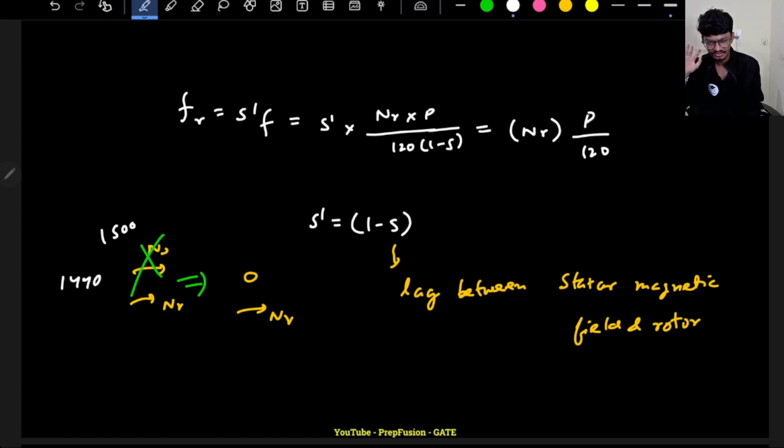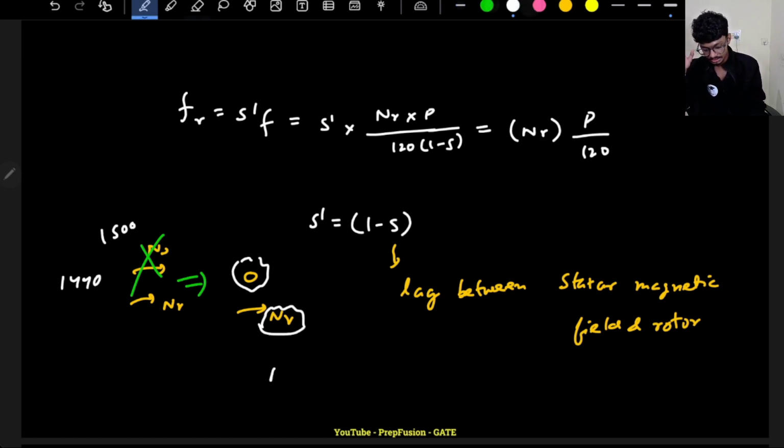So the lag is very small, NR is almost equal to NS at full load. Now, if suddenly NS goes to 0 and still the rotor is rotating with NR speed, then what is the lag? That is what they're asking. The lag is simply NR only, because stator is stationary.